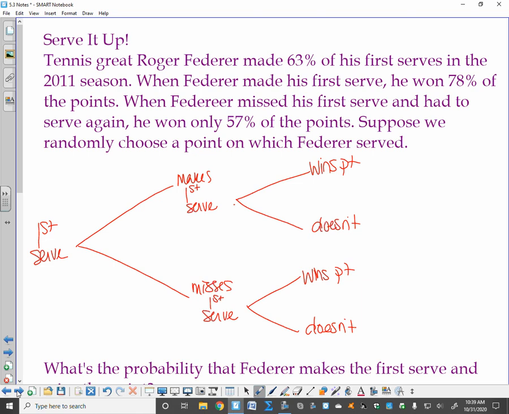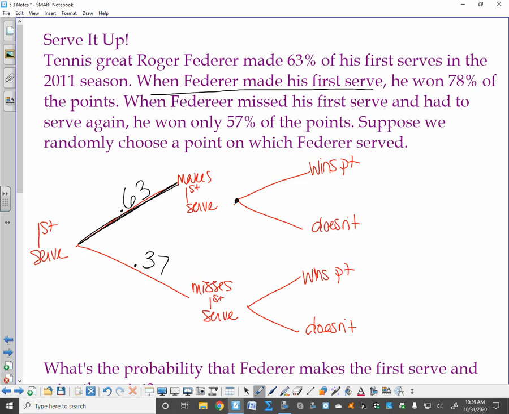So now let's put some numbers in here. Tennis great Roger Federer made 63% of his first serves, which means he missed 37%. Okay. When he made his first serve, so that means this event has happened.